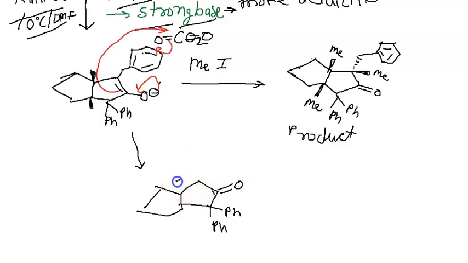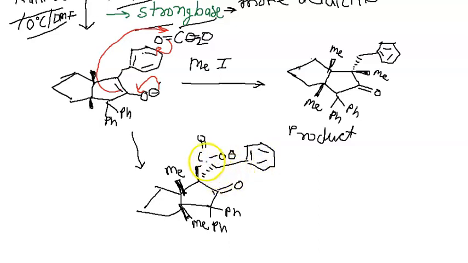The incoming group has the same stereo as the methyl group. So the incoming group, CO minus double bond O, and also the benzyl group are present here, so I will draw it here.